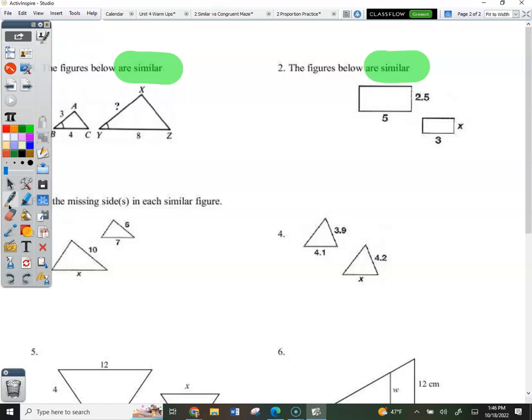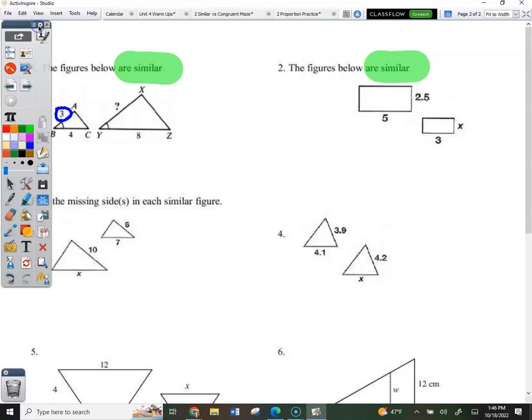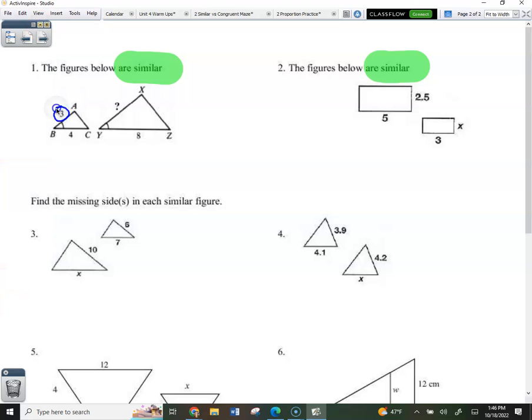There you go. Look at number 1. They did not give us a similarity statement. Since they are turned the same way, you can assume safely that 3 pairs to what over here? The question mark. And 4 pairs to 8. Okay? So we're going to set up a proportion and we're going to cross multiply to solve.